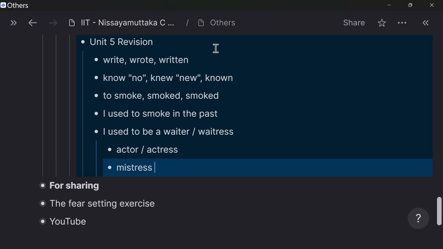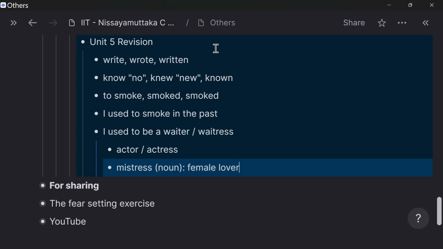You know what a mistress is? A mistress is like a female lover. You know lover? A lover is an extramarital relationship. If a man has his wife, and he has a relationship with another woman, not his wife, then that's like a mistress.